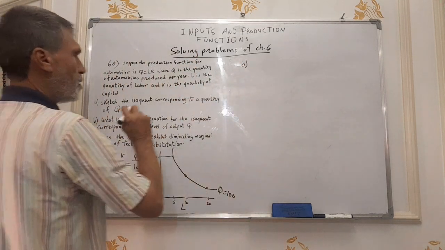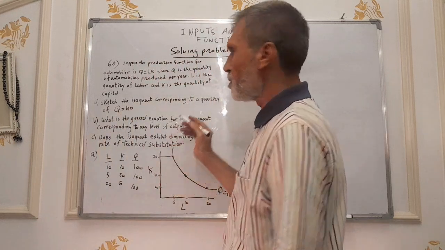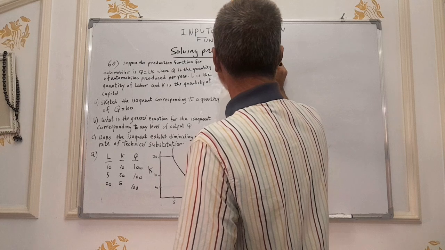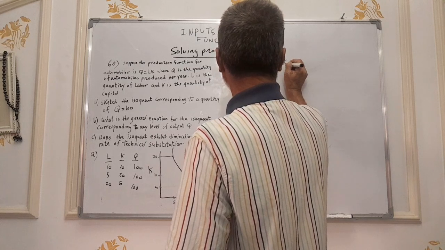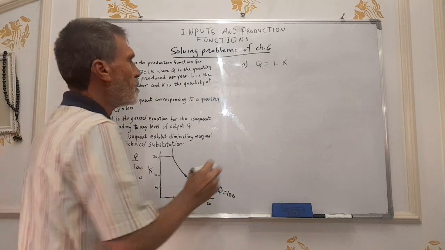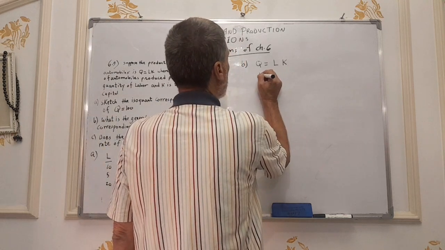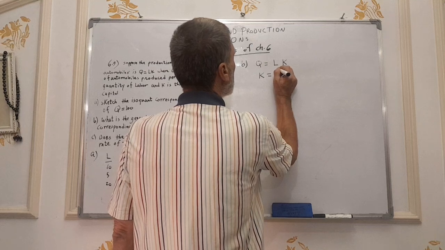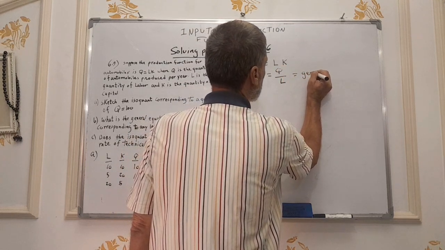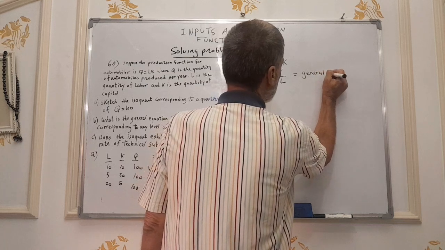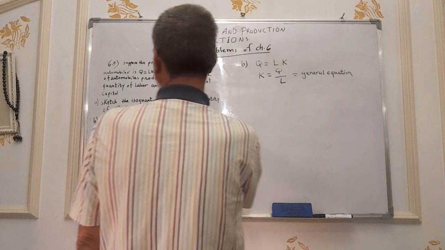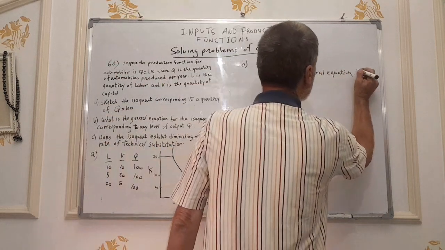We have the equation Q equals L times K, so we solve this for K in terms of Q. K is going to be equal to Q over L. This is the general equation for the isoquants.